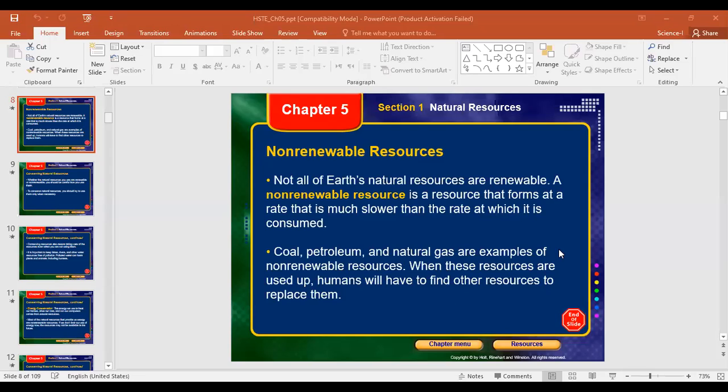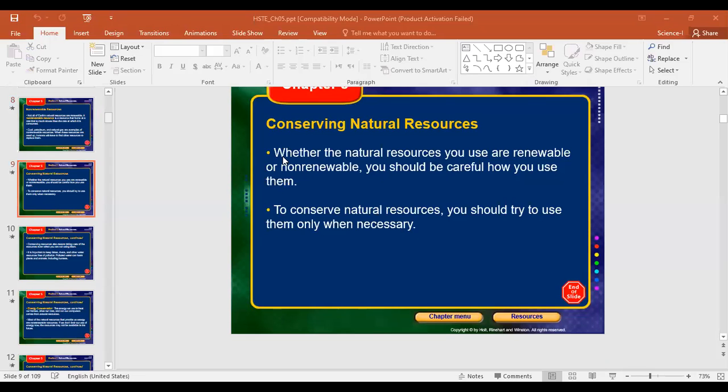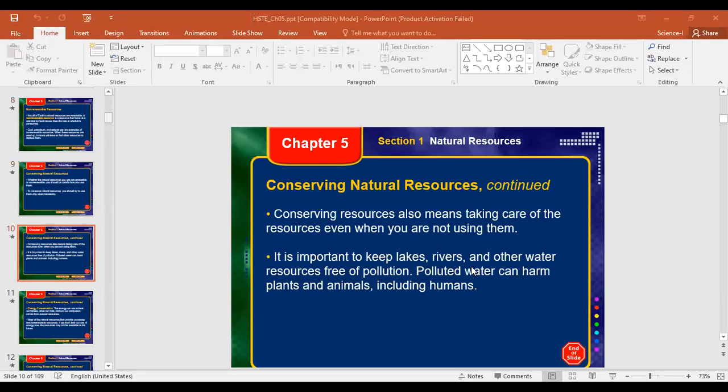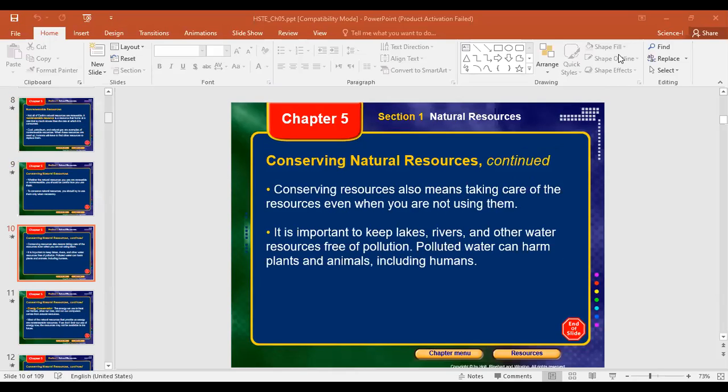Anyone have any other idea, guys, how to reduce? Okay, Hannah, Hamdi. Reduce paper, so as not to cut trees. Yep, so reducing the amount of paper.